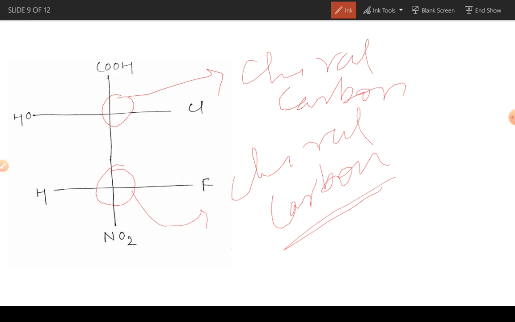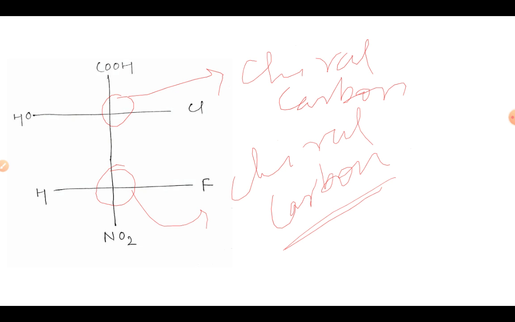So I hope you have understood today's class, what is R and S configuration and its application. I hope this is all about R and S configuration. I hope I have brought a smile on your face by clearing the doubts of R and S configuration. See, for R and S configuration we need to be very careful, because it is a very confusing case.